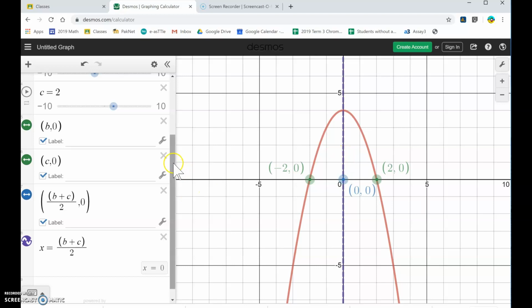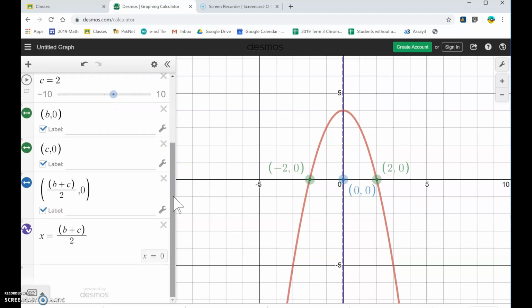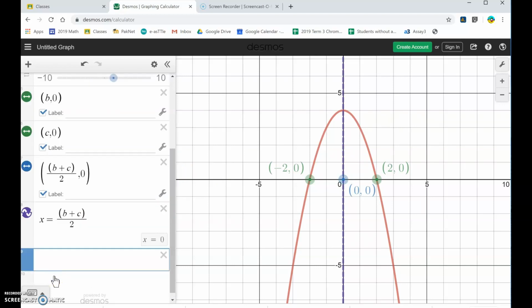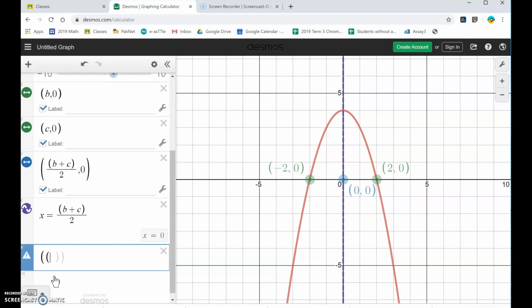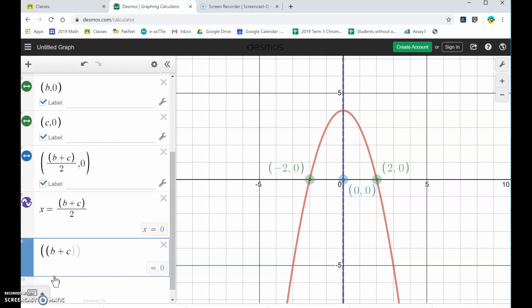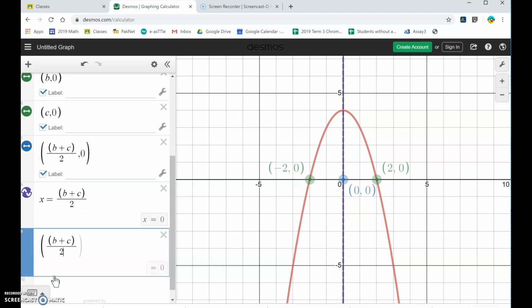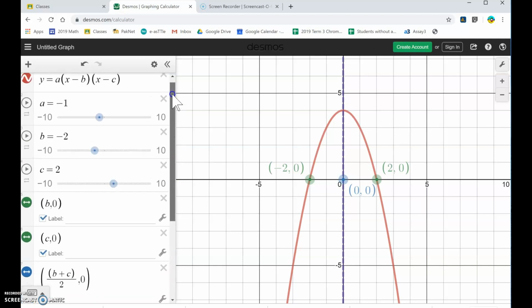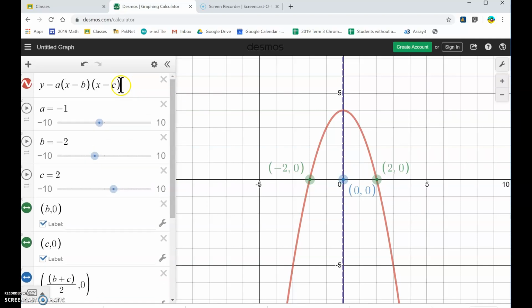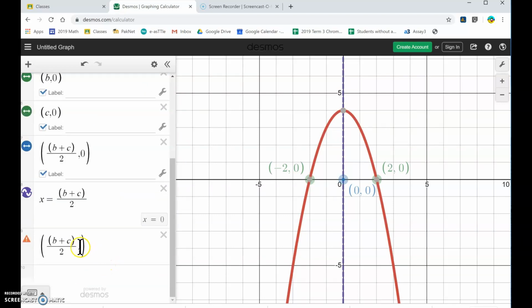If I wanted to get the coordinates of the vertex, I would actually have to go again, my (b plus c), those are the 2 x-intercepts, divided by 2, comma, now I'd have to put it into this equation, all right? So that's this equation here, so that would be horrible to actually try and put it into here.